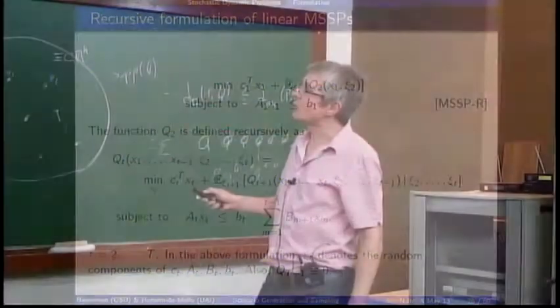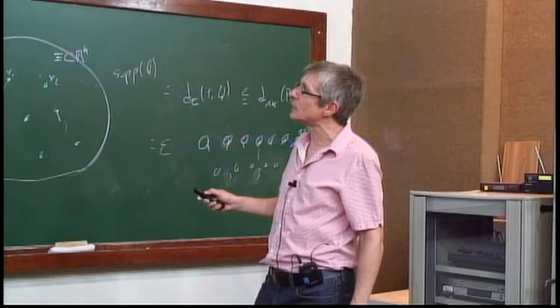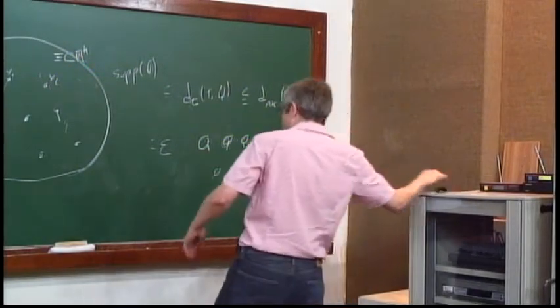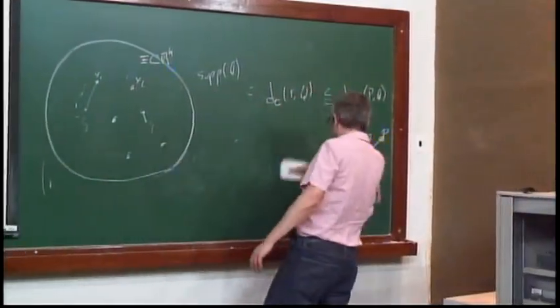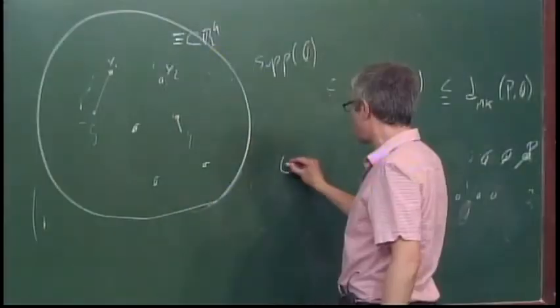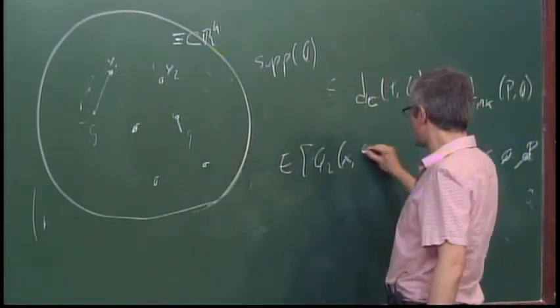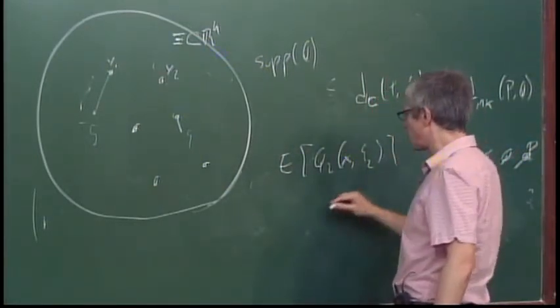But let's think about what it means to replace this with a sample average. We are replacing the expected value of xi2, of x and xi2, with a sum.